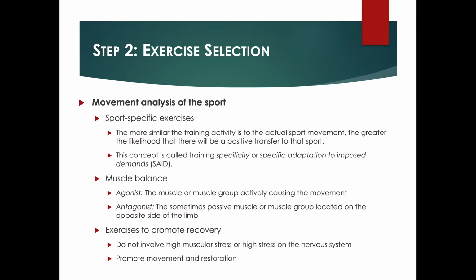So if I want to build a cardiovascular system, I need specific training for that. It means I need to do a lot of running, a lot of cycling, rowing, whatever the case is, with my heart rate up high, to really specifically increase the demands on the cardiovascular system. So that's what the SAID principle is.